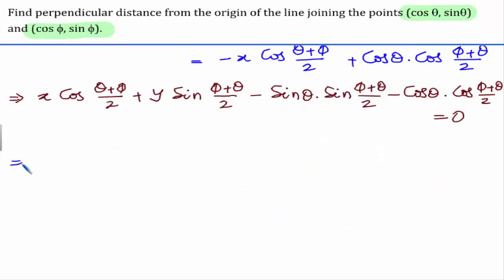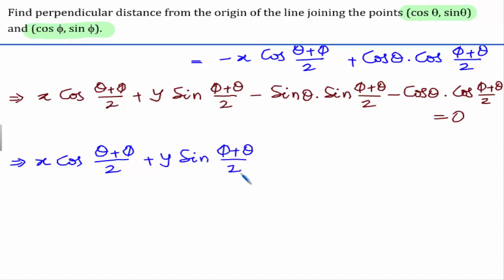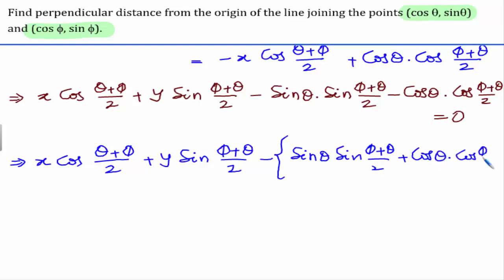On further simplification, this is x cos theta plus phi by 2 plus y sine phi plus theta by 2, and if I take minus common out of these two, then we get sine theta into sine phi plus theta by 2 plus cos theta into cos phi plus theta by 2. This is equal to 0.